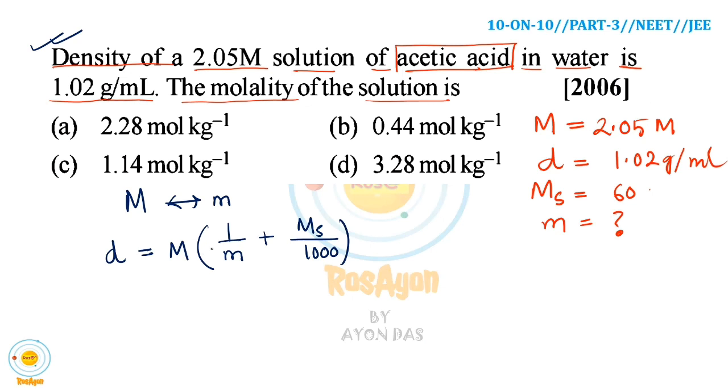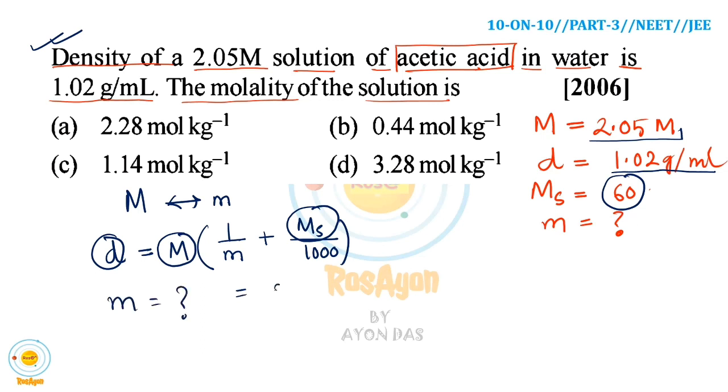This is the formula. Now put the value of density, that is 1.02 gram per ml, and the value of molarity, that is 2.05 mole, and molecular weight of solute, that is 60, and calculate the value of small m, that is 2.28 mole per kg. So the right answer is option A, 2.28 mole per kg.